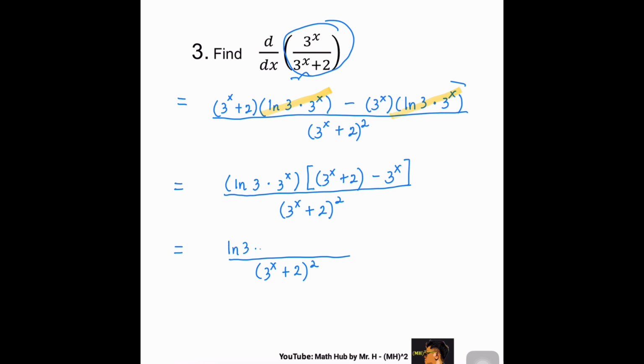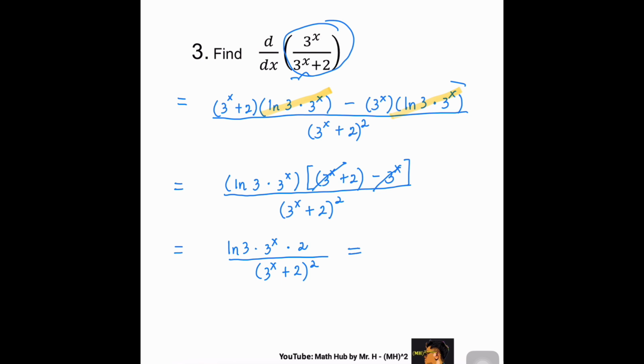So let me copy ln of 3 times 3 to the power of x. And from here, we can see that you have 3 to the power of x positive, and you have 3 to the power of x negative. So that will be canceled out. It's 0. And we're going to be left with 2. So that is the derivative.